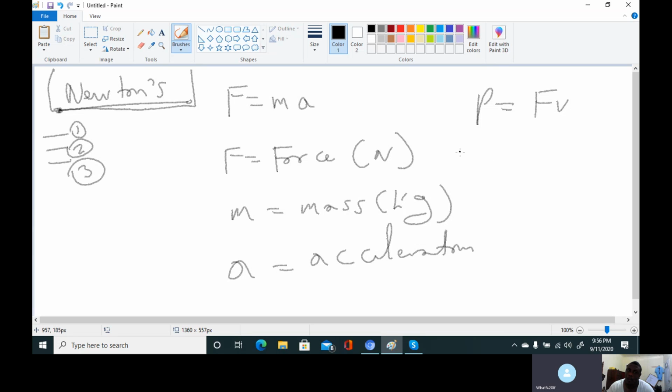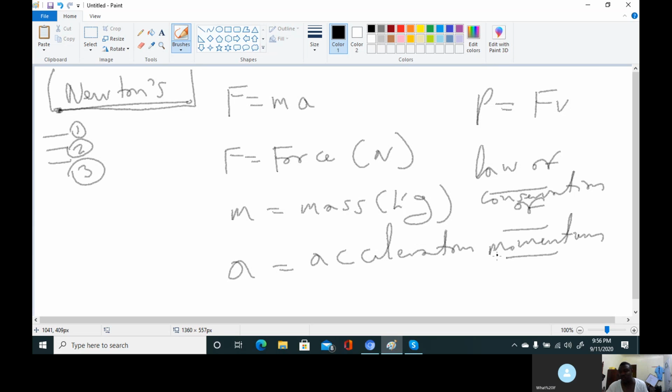And of course, Newton's law now. We're going to have to do the calculation. So this is the long part now. The law of conservation of momentum, but we're going to have to do it in 2D.